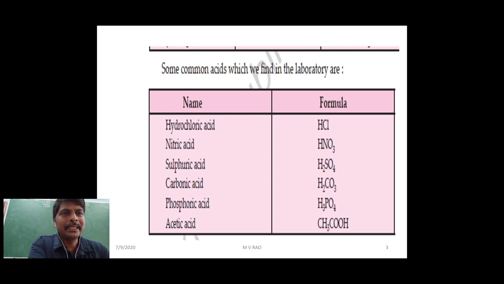Carbonic acid H2CO3, phosphoric acid H3PO4, acetic acid CH3COOH. Acetic acid, another name is ethanoic acid. So these are the acids which are commonly used in the laboratory.